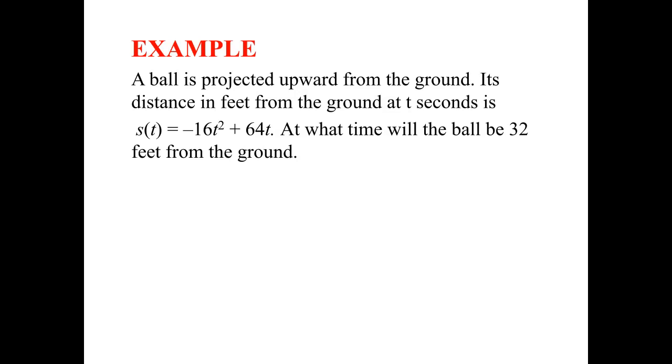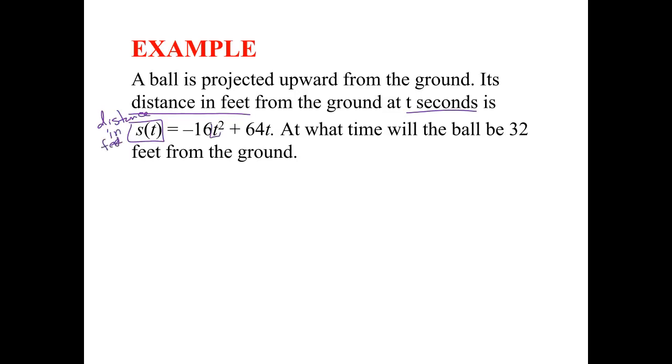So I've got a ball projected upwards from the ground. Given this equation, it models its distance in feet at t seconds. Looking at this formula, what does S of t stand for? Distance in feet.